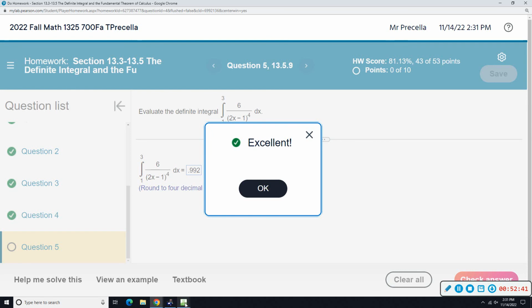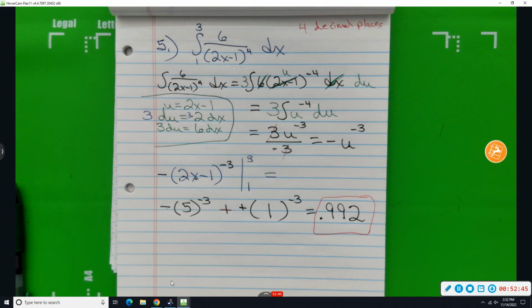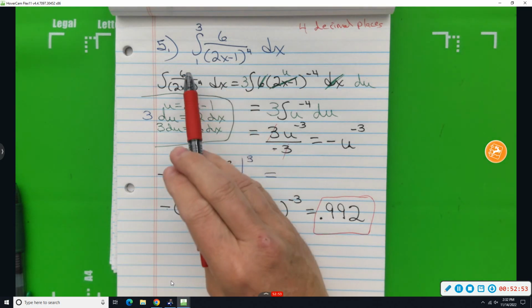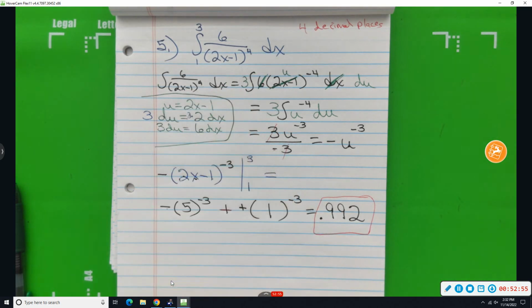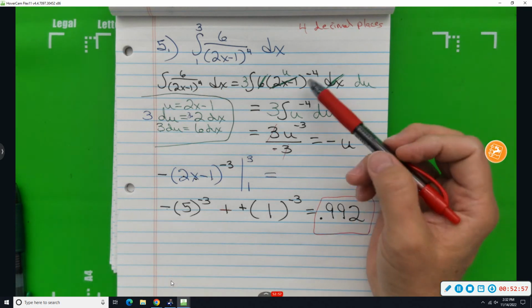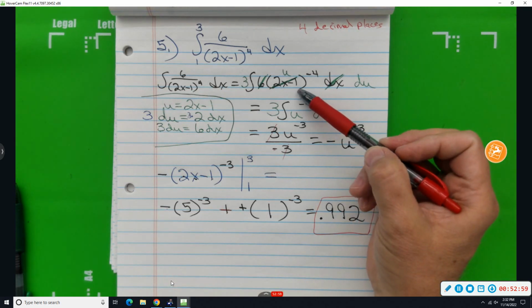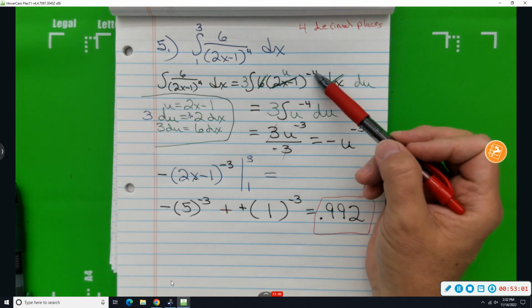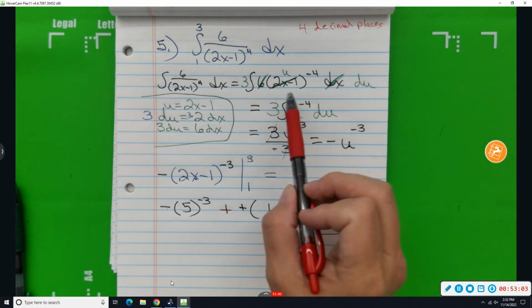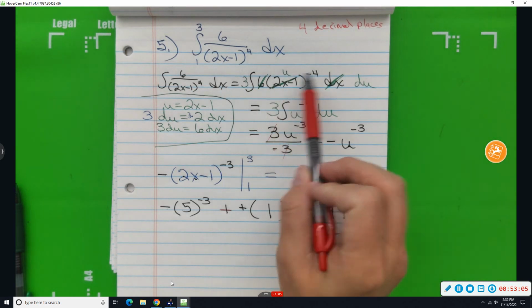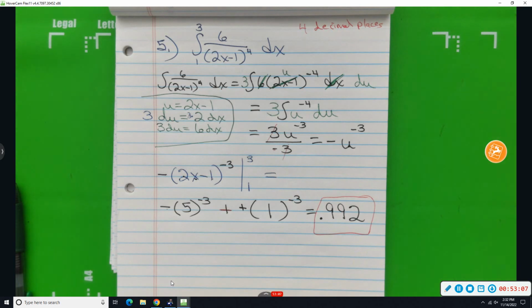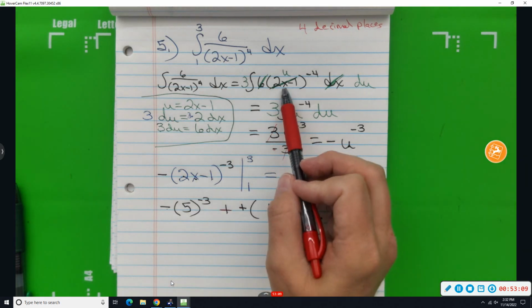Let's switch back to what we were doing. Any questions? Wow, this looks messy now. Sorry about that. We anti-differentiated 6 over 2x minus 1 to the 4th power. To do that, we had to rewrite it using a negative exponent. And then the quantity raised to a power, we used a U-substitution, the thing being raised to the power.